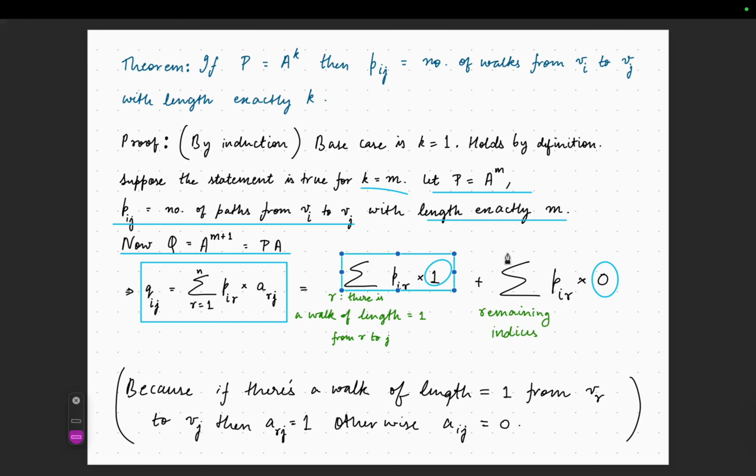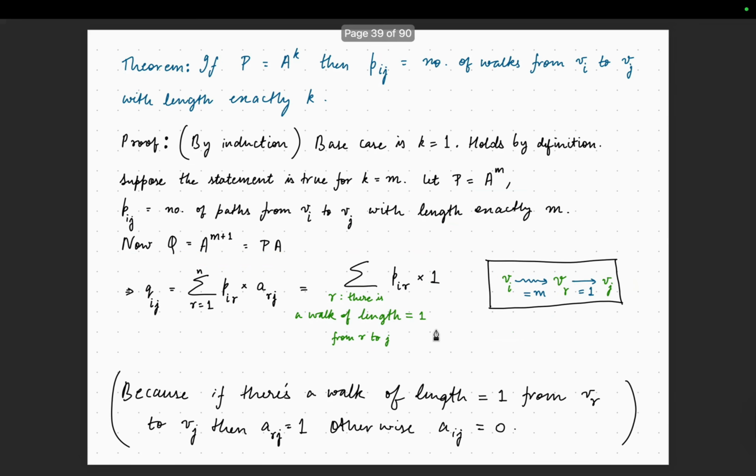Okay, so we can think of r as sort of the breaking point where we would get all of the walks from Vi to Vj of length m plus 1. If we get all of the walks from Vi to Vr, where Vr is any neighbor of Vj, and because you can only get to Vj from one of its neighbors in one step, so you want to get to its neighbors in m steps.